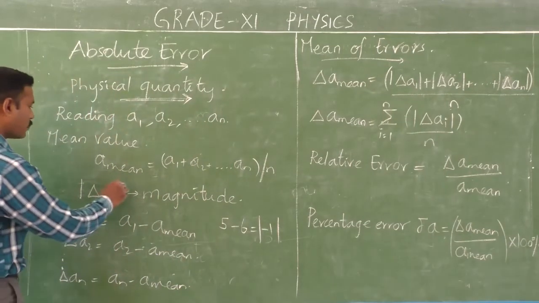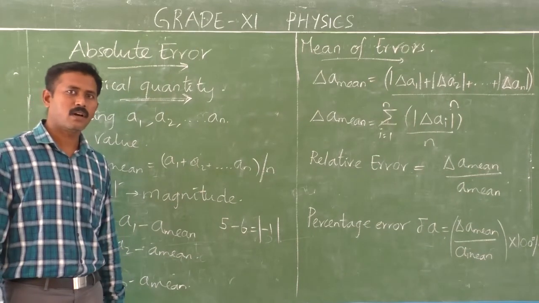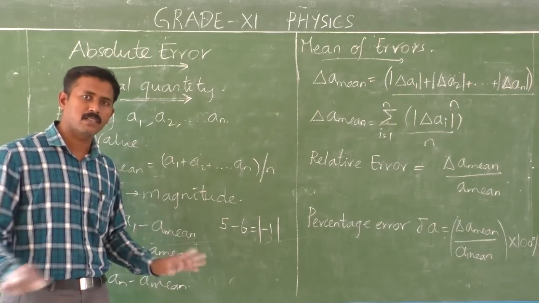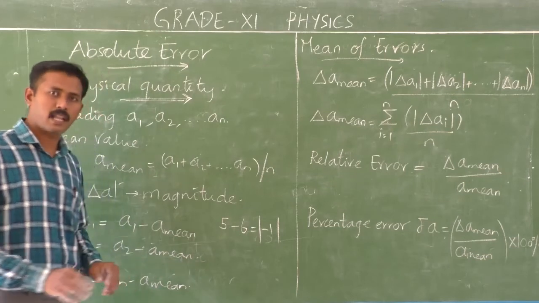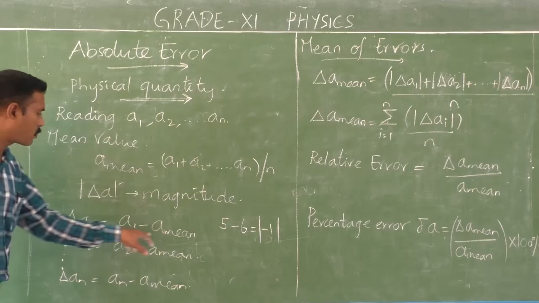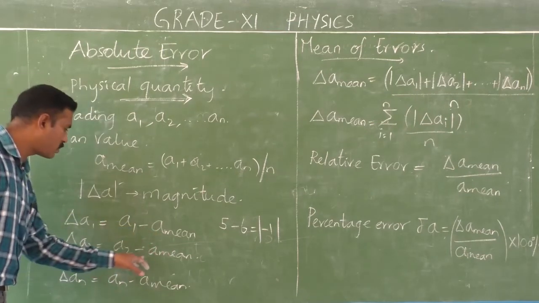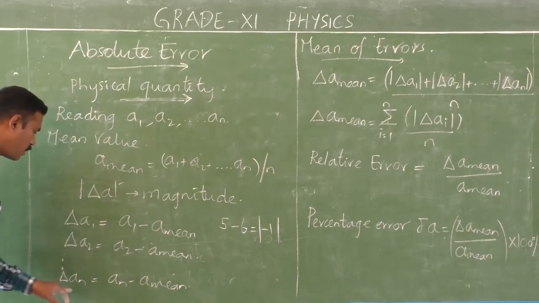This indicates the magnitude. The magnitude means the polarity or sign of the value should not be considered for the calculation. So del A1 equals |A1 minus A mean|, del A2 equals |A2 minus A mean|, up to del An.